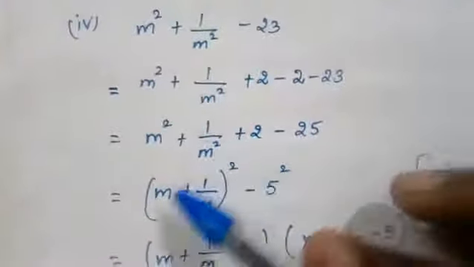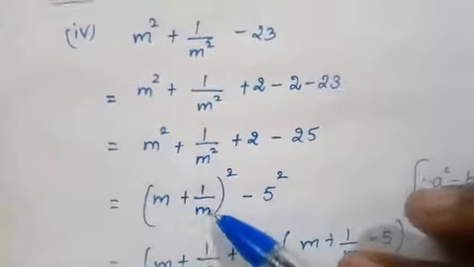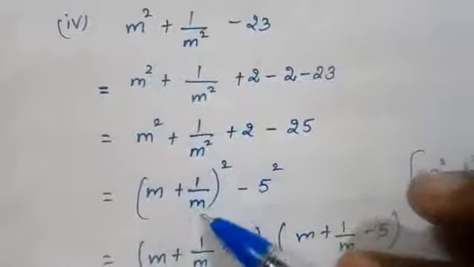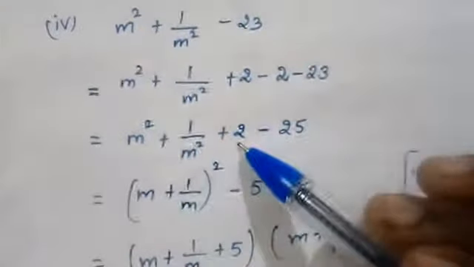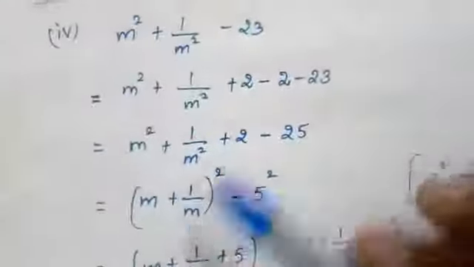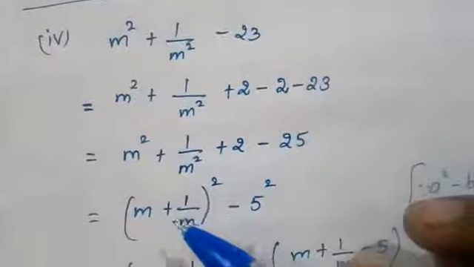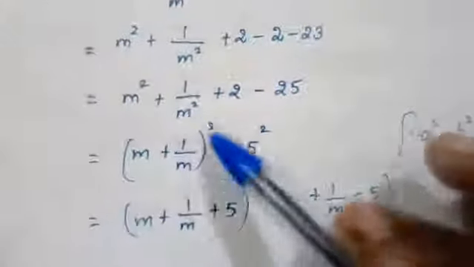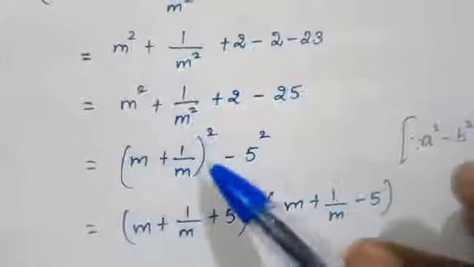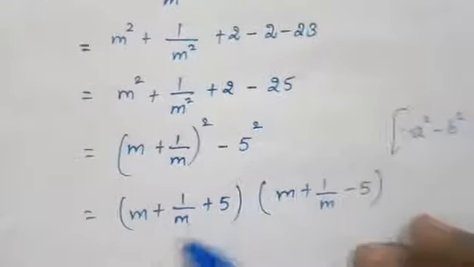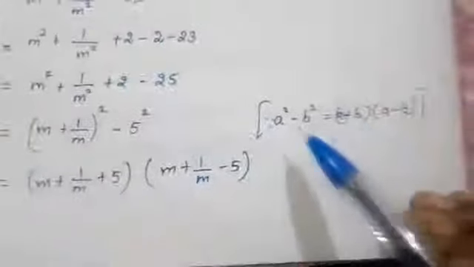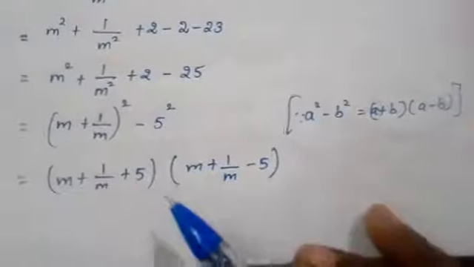Suppose you expand it: a square plus b square, that is m square plus 1 by m square, plus 2 into ab, that is m into 1 by m, m cancels, becomes 2. So this in factorized form is m plus 1 by m whole square minus 5 square. Now this bracket we have to consider fully as a, and this is b. So the a square minus b square formula, a plus b into a minus b, we have to apply here.